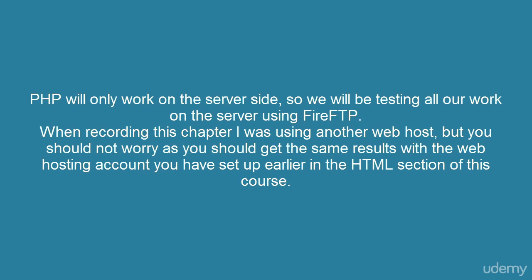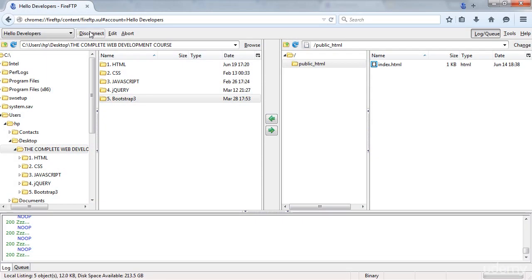So what I'm going to do is open Firefox and go to FireFTP. Just click on FireFTP and it will land here. You would need to connect to the hosting that you have created.